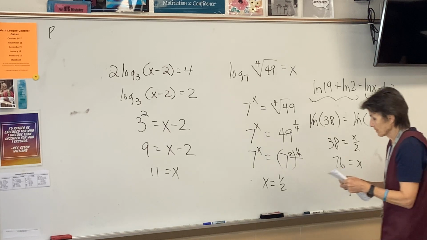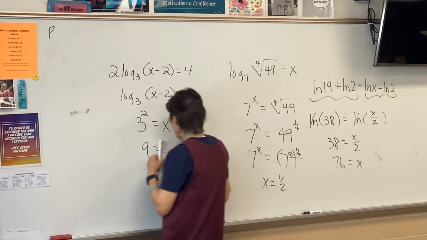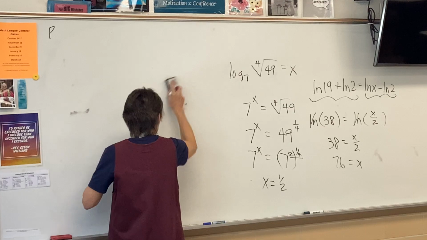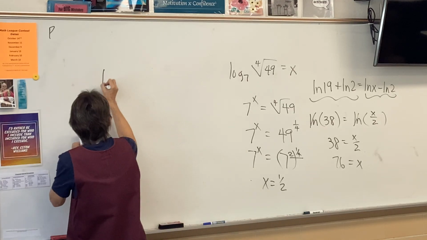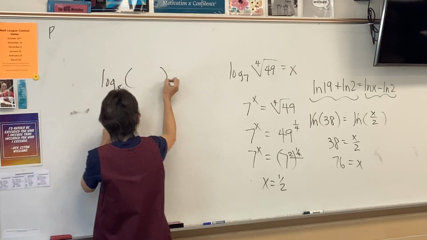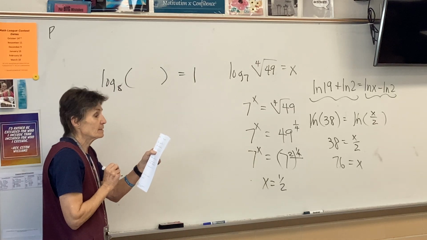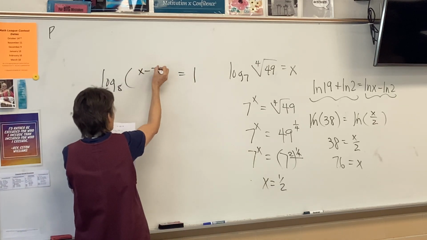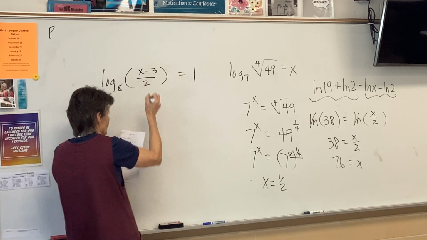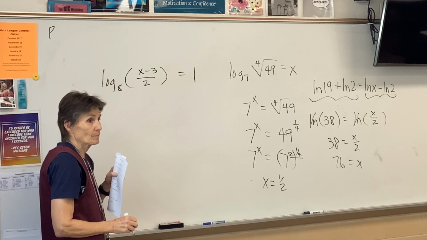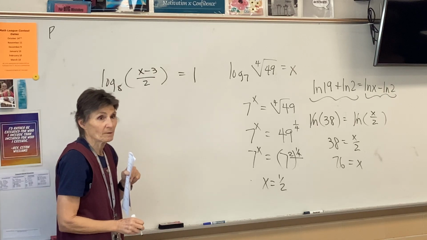F. Well, we have the same problem in F that we just had in that one. There's too many logarithms. So what am I going to do on the left side of that equation? Divide. So it's going to be x minus 3 over 2. Now, am I going to drop the logarithm?